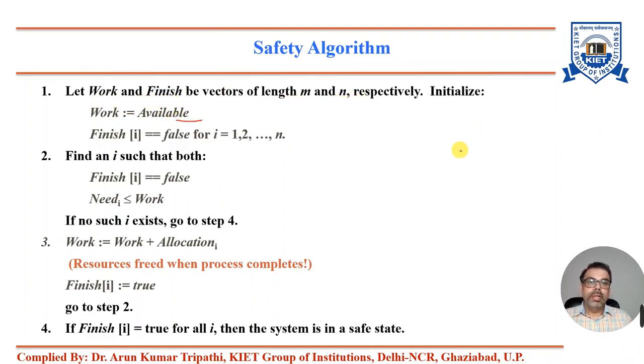Work is equal to Available. So whatever resources are available in the system, suppose 2, 3 and 4 of resource types A, B, C, will be assigned to Work. Now Work has A, B, C as 2, 3 and 4, and this was the available.